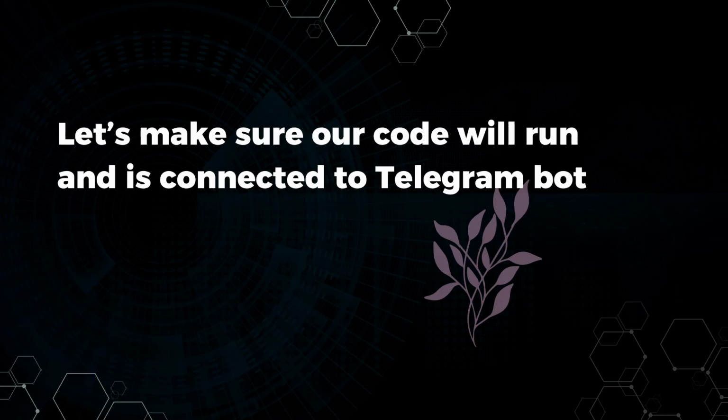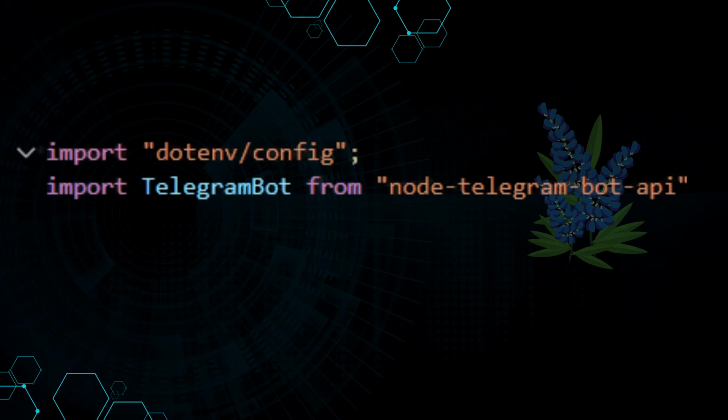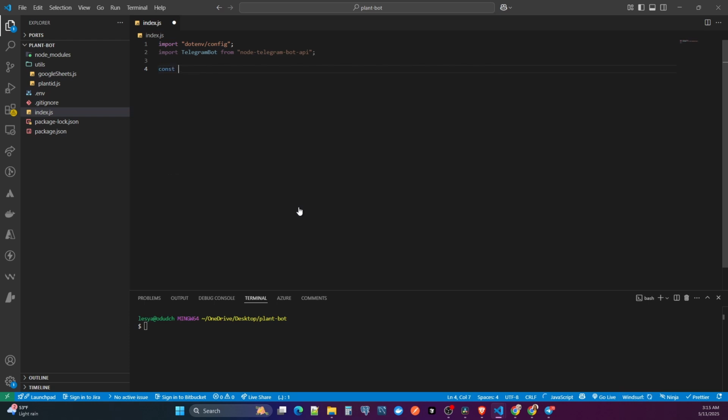Now let's start with the simplest version of the bot, just to make sure everything is working. We will load environment variables from the .env file, import dotenv config. We will import the Telegram bot API wrapper, import TelegramBot, and then let's create a new bot instance using the token from our .env file.